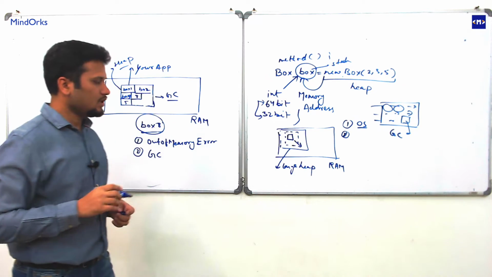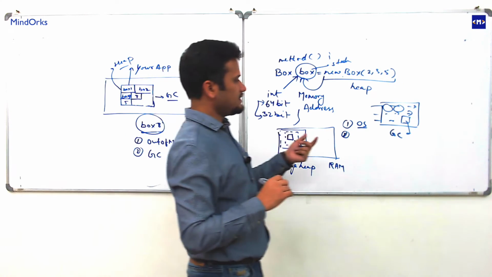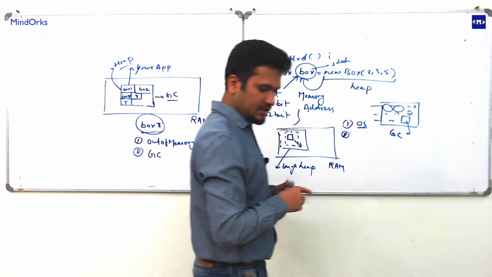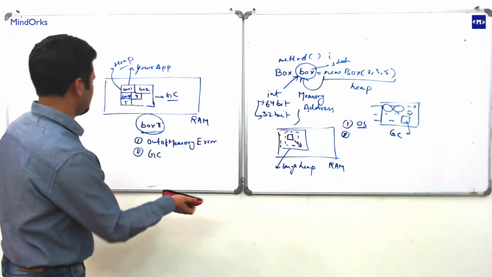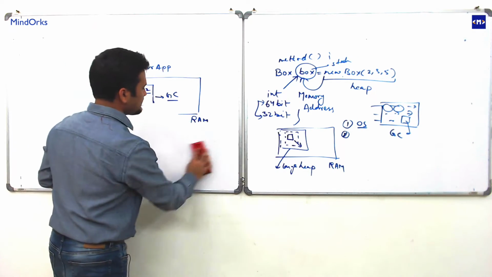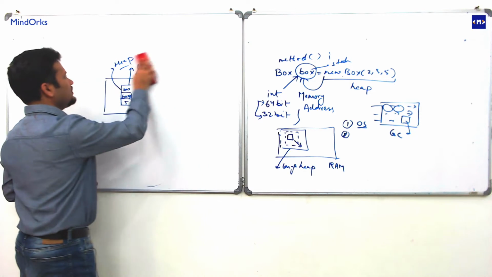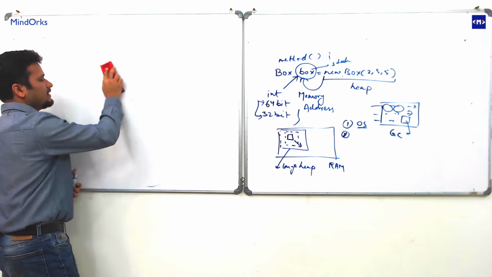There is an interesting property of GC: garbage collection has two basic scenarios in which it runs.